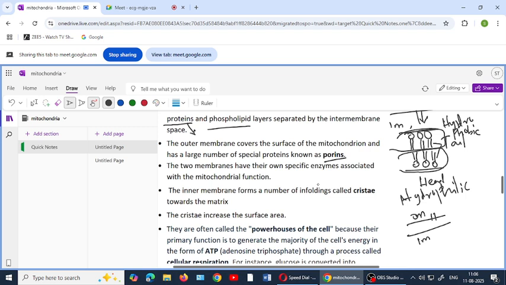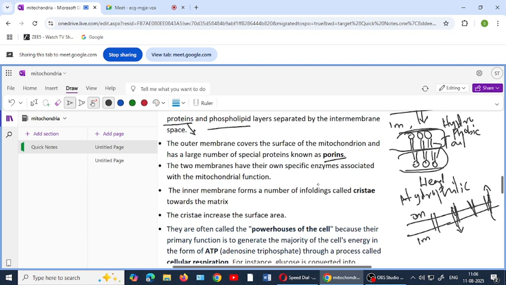I will draw it continuously. So it creates some channels, canal kind of structures, for the transport of molecules, so that electrons and ions can pass in both directions.